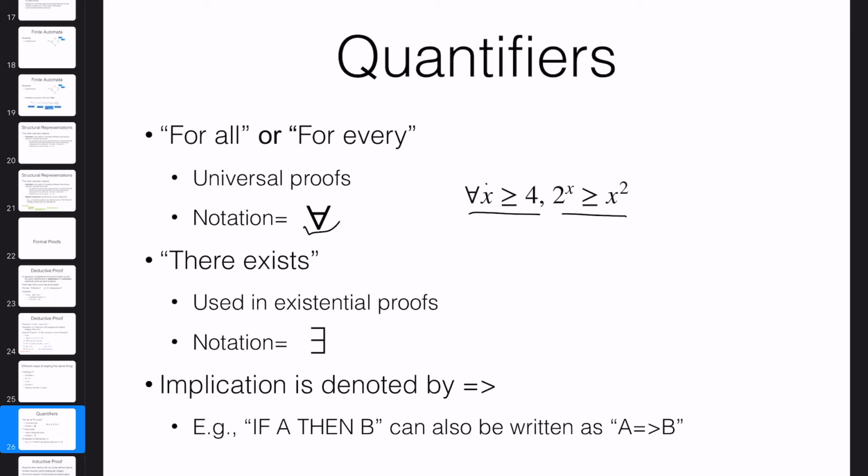So this is the hypothesis part of it. This is the quantifier that says for every, for all. And this is the mathematical form to write that theorem. The other quantifier that we use a lot is there exists, which we show with this symbol.